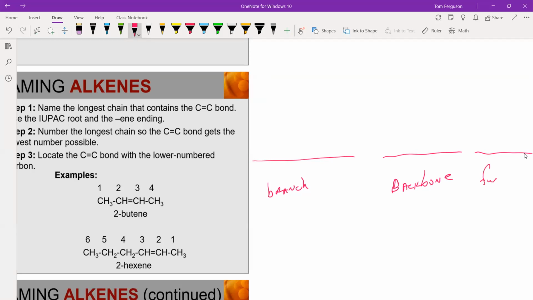And functional group. So let's look at this here and let's ignore this for a second. Okay, so we look at this. It's got 1, 2, 3, 4. By the way, the line structure for this is going to be like this.